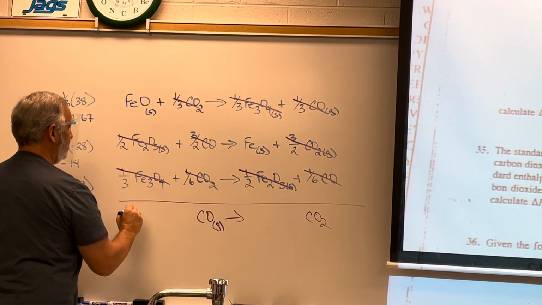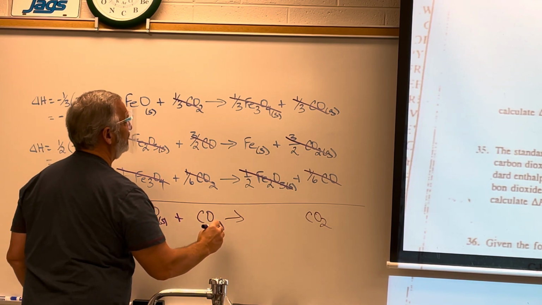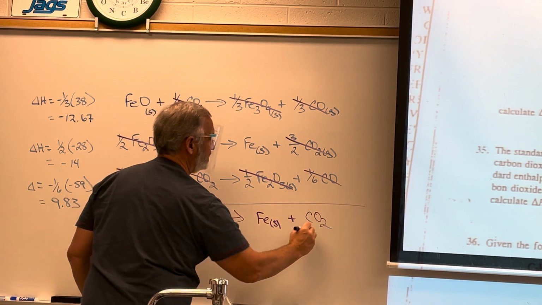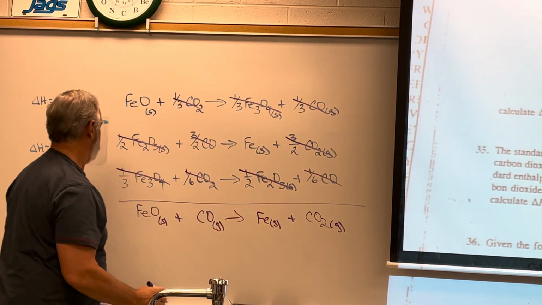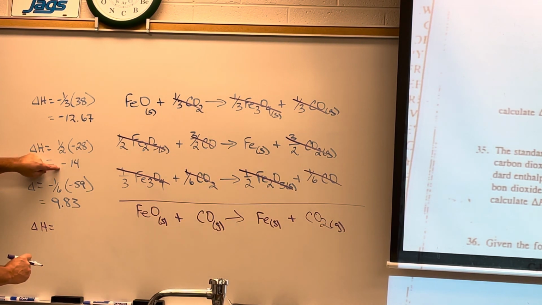So that leaves me FeO solid plus CO goes to Fe solid plus CO2. So my delta H is going to equal negative 12, so negative 26 plus 9, what does that all come out to? 16.8. Negative 16.8?